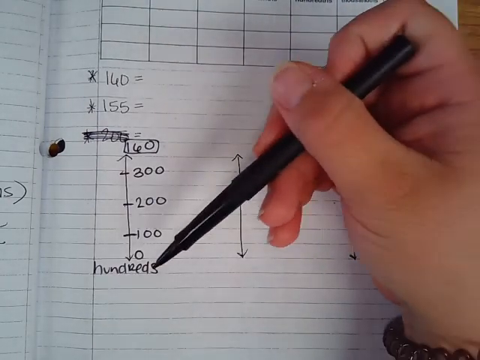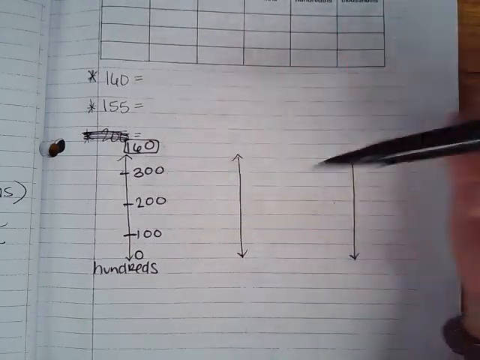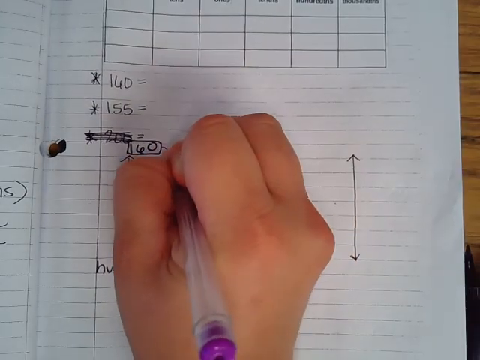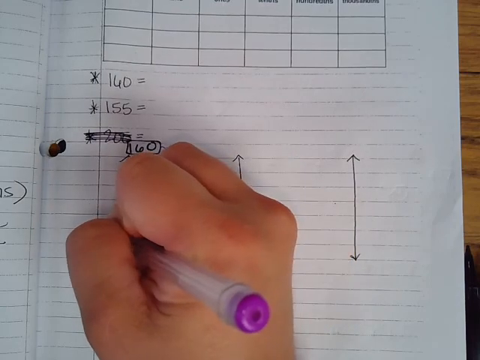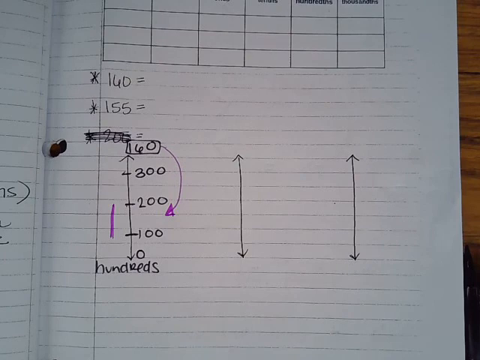Does it live between 0 and 100, 100 and 200, or 200 and 300? It's going to be placed in between 100 and 200, right? 160 is in between those.